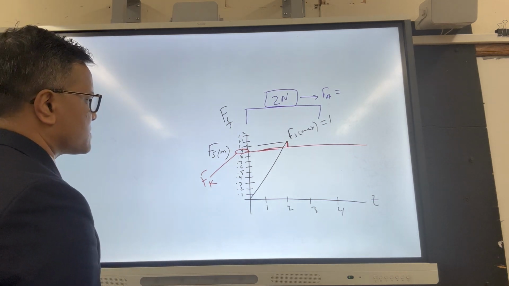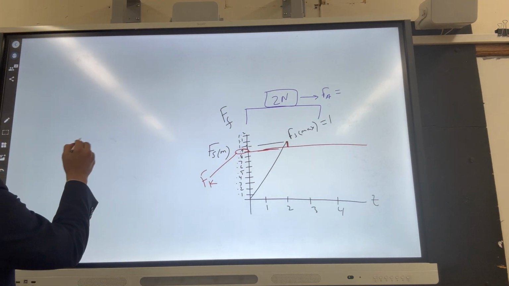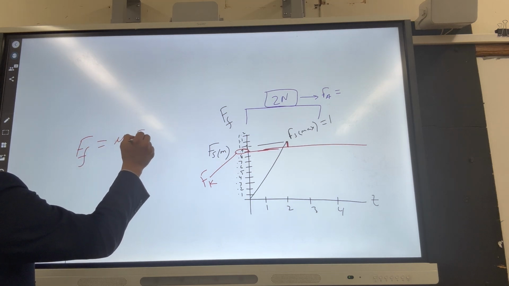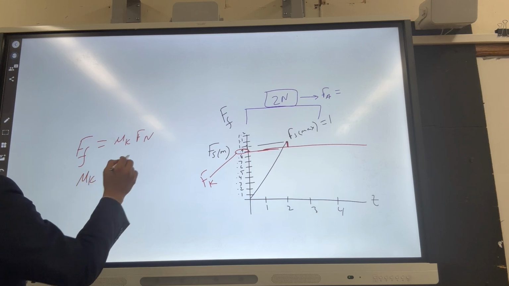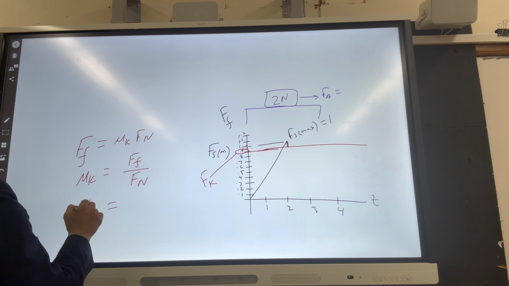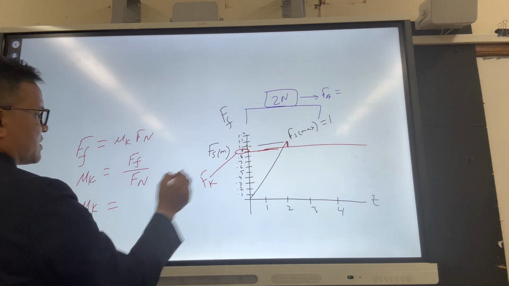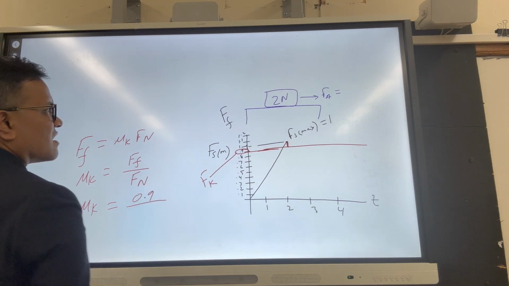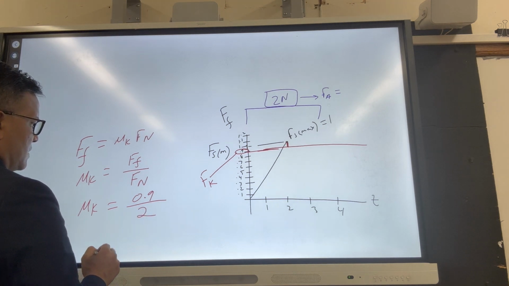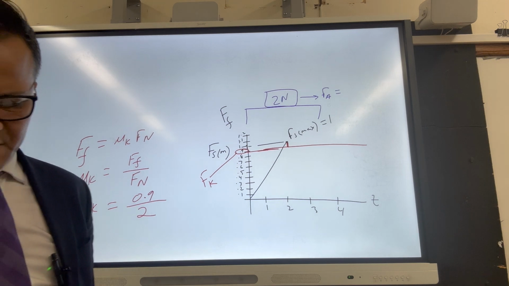What we try to find is mu k. So Ff is equal to mu k Fn, so mu k is Ff over Fn. Of course, Ff is 0.9 and Fn is 2. So 0.9 divided by 2.